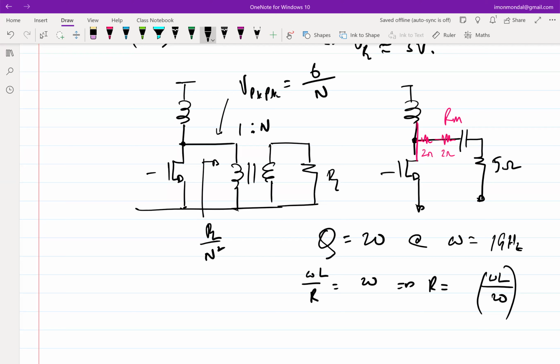One of the reasons is because off-chip matching networks, which use very good inductors and capacitors, tend to have very good Q. They do not have good Q at very high frequencies. When I say very high, I mean if you go to 10 gigahertz or so, they are not going to have good Q. But moderately, like 2 gig, 3 gig, 4 gig, fine. You can still use off-chip matching networks. They are going to give you fairly good Q and go ahead with it.